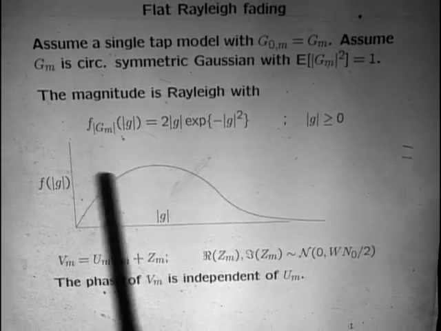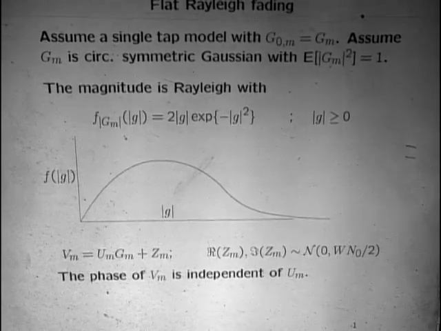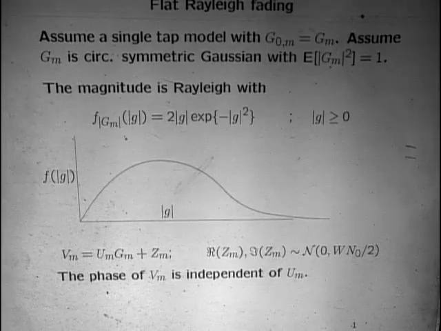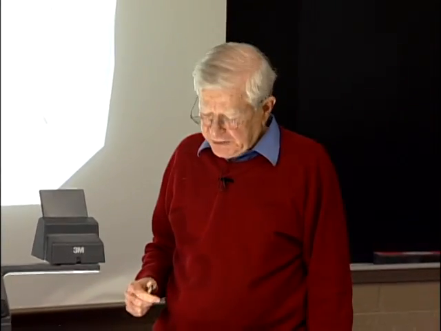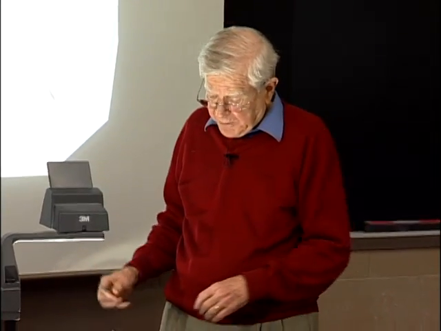And that's because of this very bad region here where the channel is very badly faded. You send a bit on this channel which is very badly faded, and there's nothing much the receiver can do. And that's the thing we want to try to get a real feeling for.